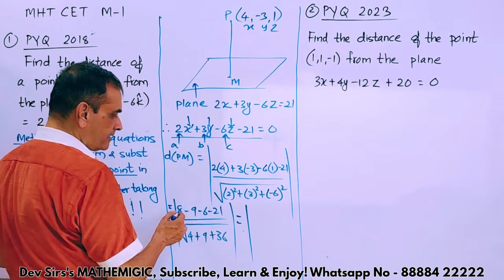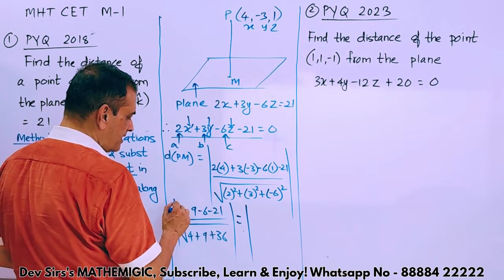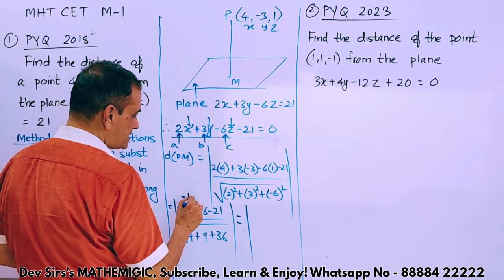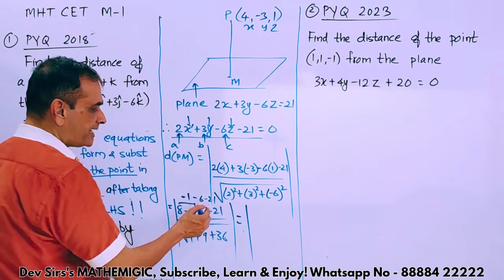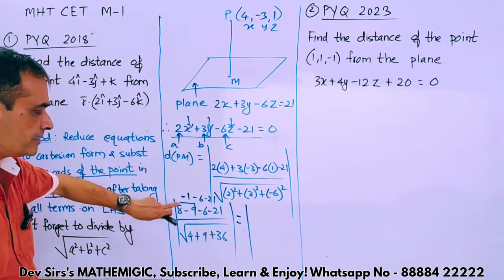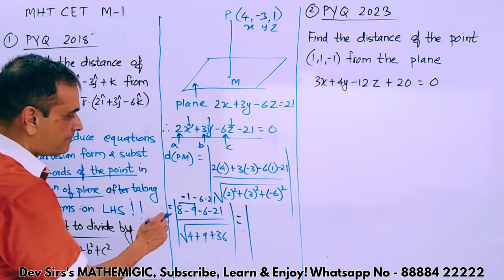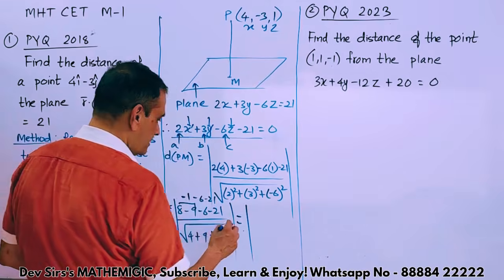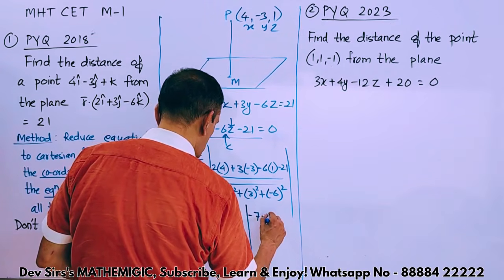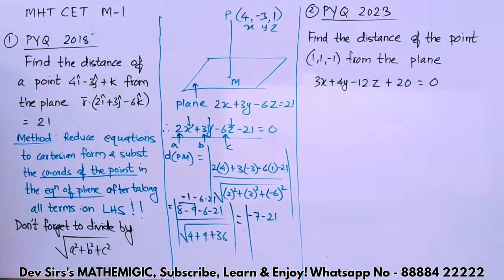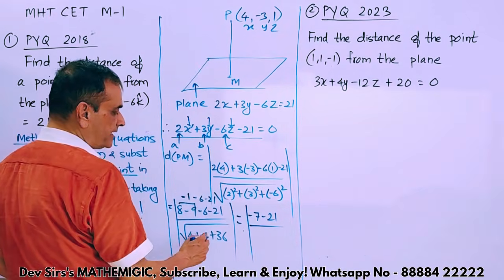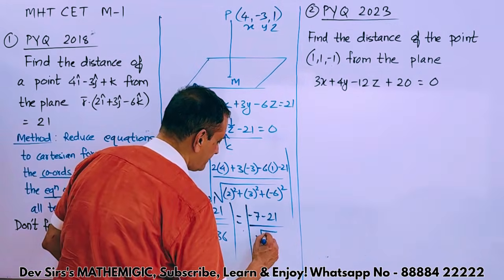Okay, let's start from here. 8 minus 9 is minus 1. Minus 1, minus 6, minus 21, so 3 negative numbers have come on top. Minus 1 minus 6 is minus 7, right? So minus 7 minus 21 upon 9 plus 4, 13, plus 36, 49, root 49.